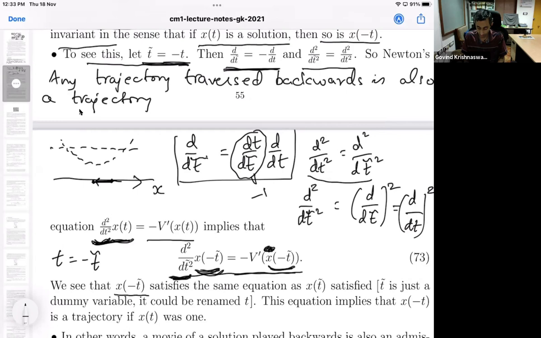It is saying that that function satisfies the same equation as x of t satisfied, or as x of t tilde satisfied, because the equation which says second derivative of some function is equal to minus v prime evaluated on that function is Newton's equation, and we have just discovered that x of minus t tilde satisfies the same equation as x of t tilde. Okay, are you okay with this?